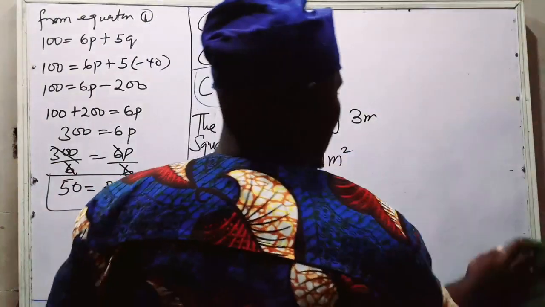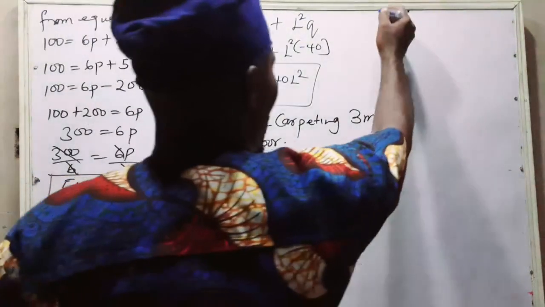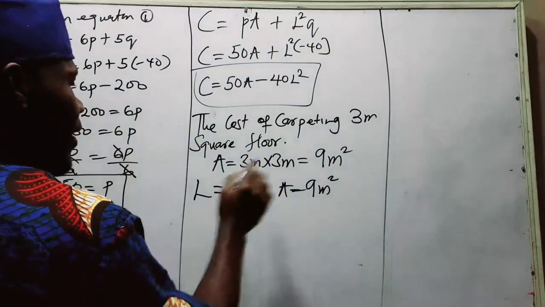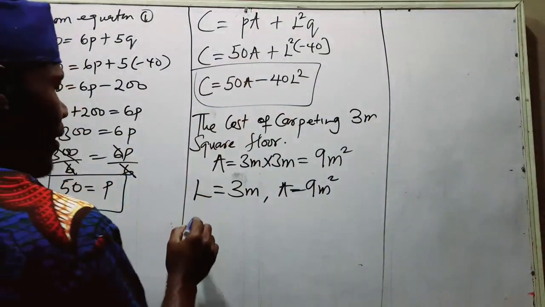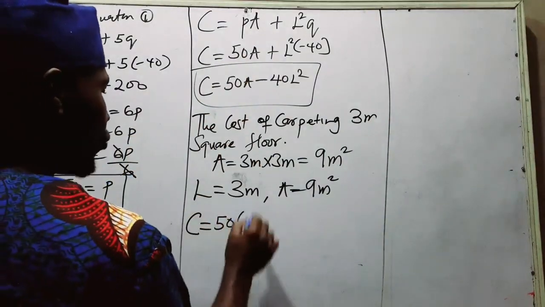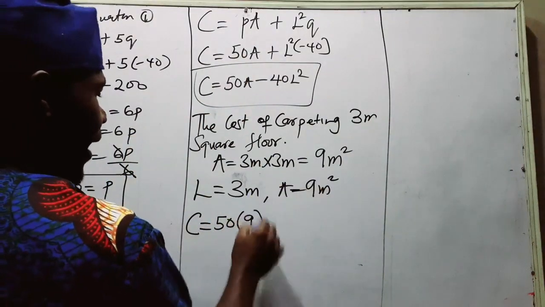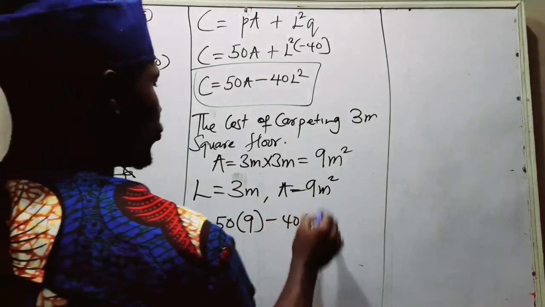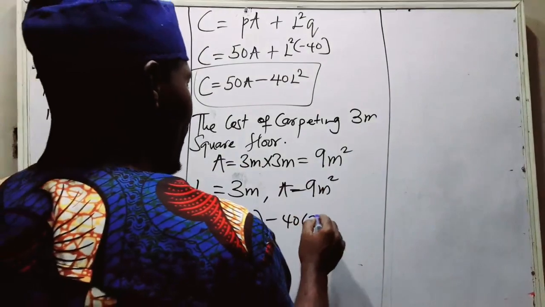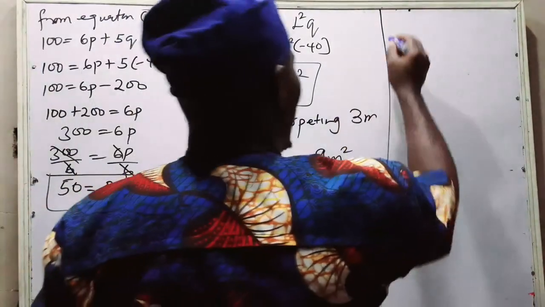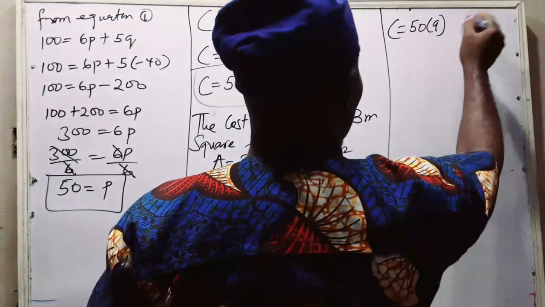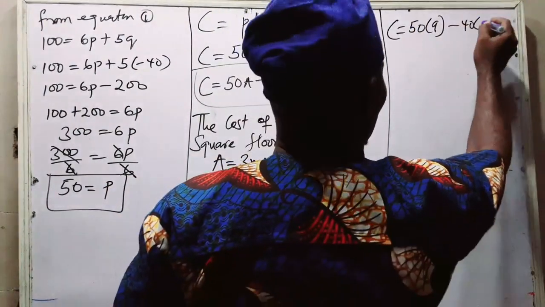So we now use this to find the value of the cost, which gives us our C. C is equal to 50 times what is our area? 9, minus 40 times what is our L? Our L is 3 square. So we continue to have C is equal to 50 times 9 minus 40 times 9.